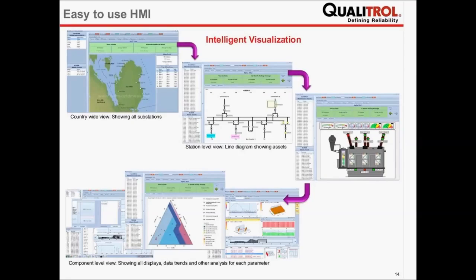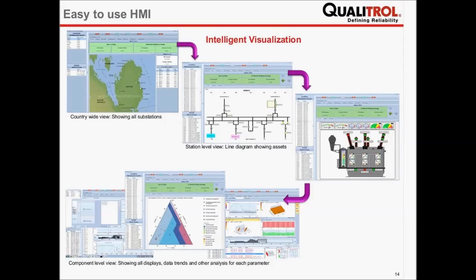Again, if you are sitting at the headquarters, you should also have access to the substation level view. And the local transformer monitor should have a view of the local transformer health, a view of the real-time data from the sensors. But the headquarters person should also be able to see an individual transformer if required.